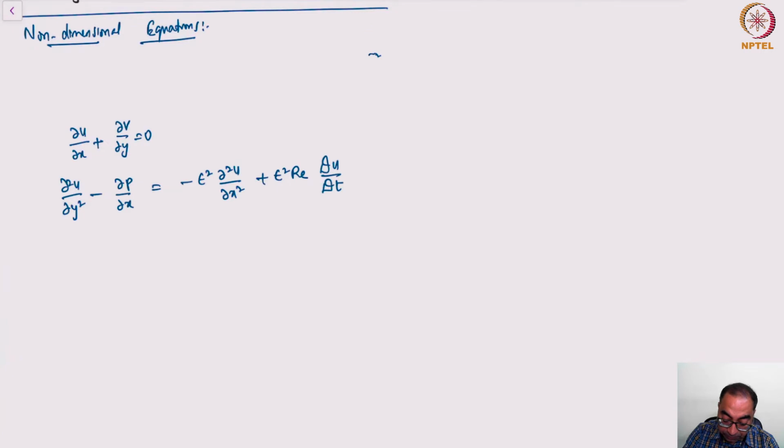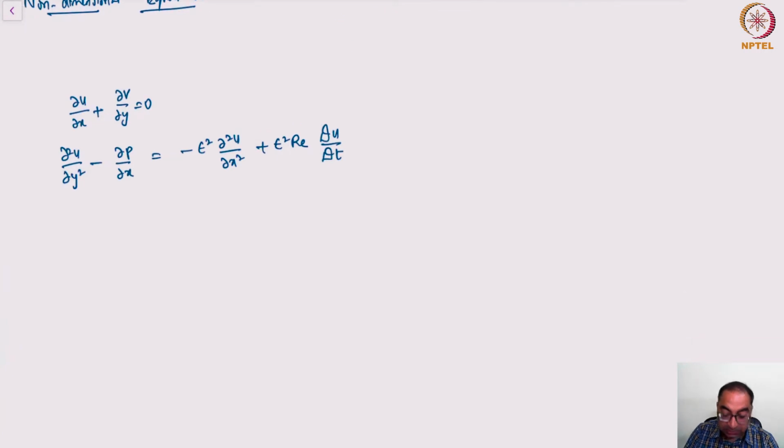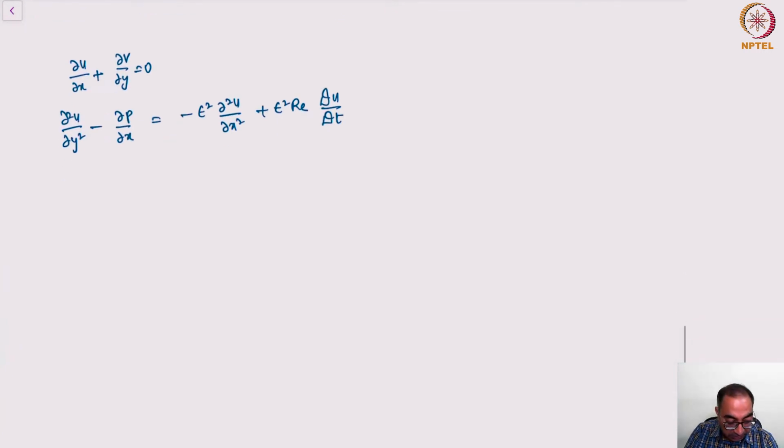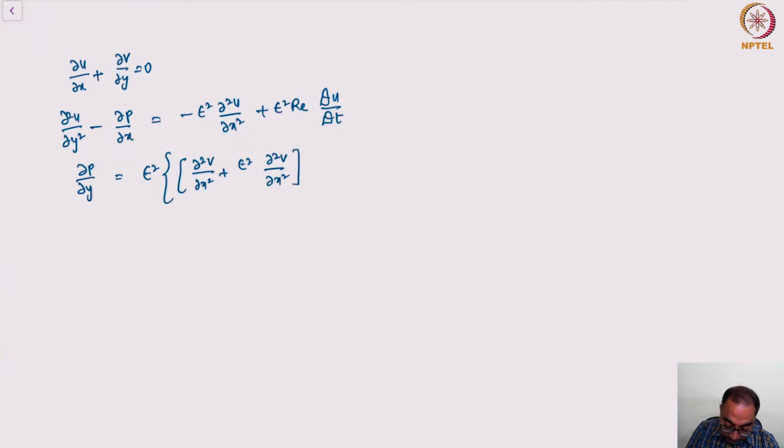Now, we can similarly write down the y momentum equation. The y momentum equation reduces to del p by del y equals epsilon square times del square v by del x square plus epsilon square del square v by del y square plus epsilon square Reynolds number dv by dt.